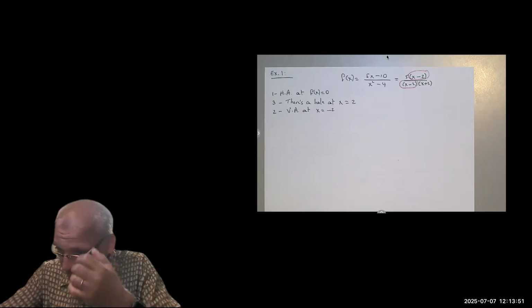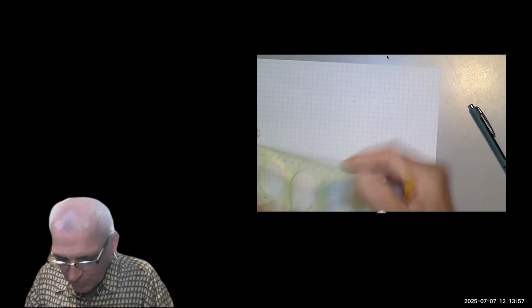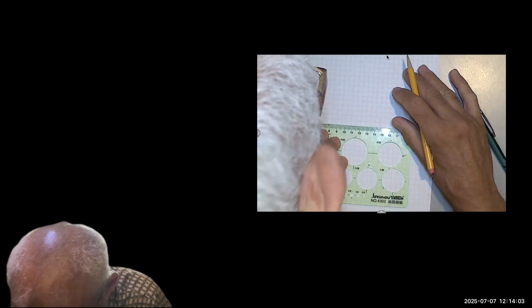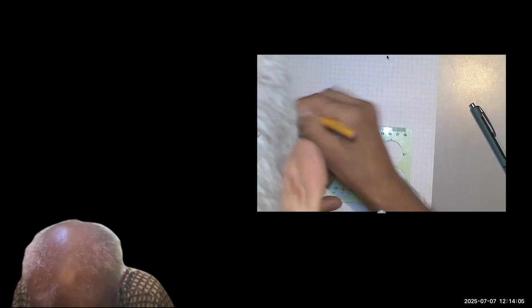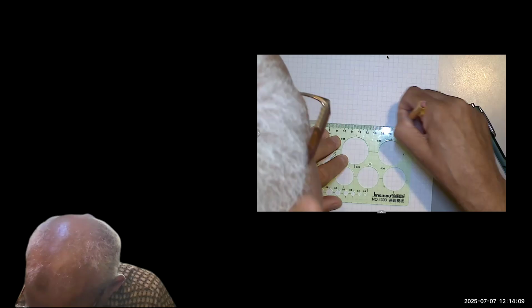So let me get a graph paper just to plot what we know so far. Here's my x-axis.